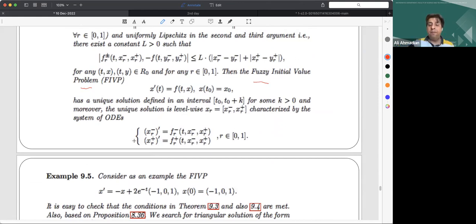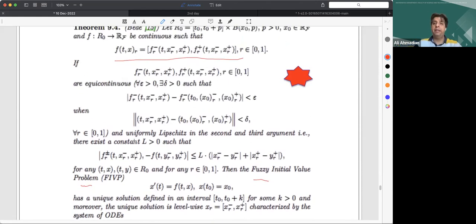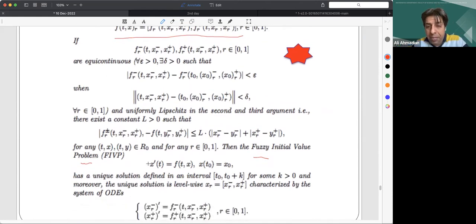It is very important. We call it the first characterization theorem, okay? What it tells us is that if we have a fuzzy function that is continuous, then we define a fuzzy initial value problem. Why is it an initial value problem? Because we have an initial condition.